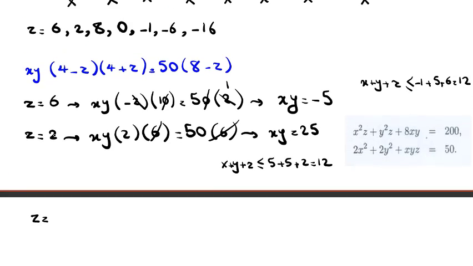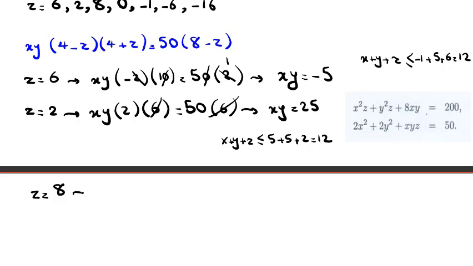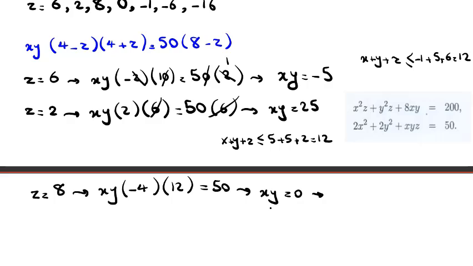The third case we should consider is z equals 8. So xy, 4 minus 8, negative 4. 4 plus 8, 12. It's 50 times 8 minus z, 0. So from here we conclude xy is 0. And so x plus y, because xy is 0, we can't say the maximum of x plus y, because, for example, one of them could be 0, one of them 10,000. So we should check these equations.